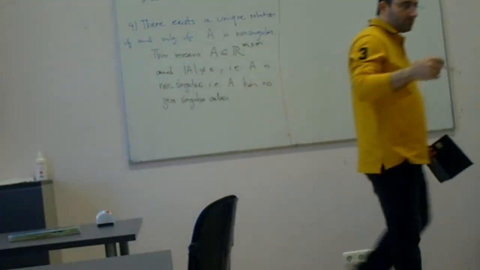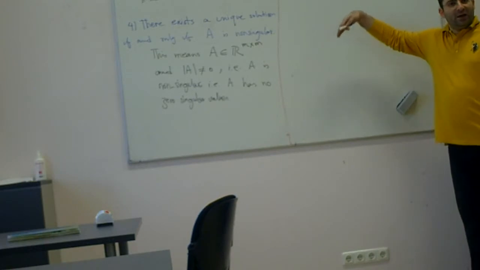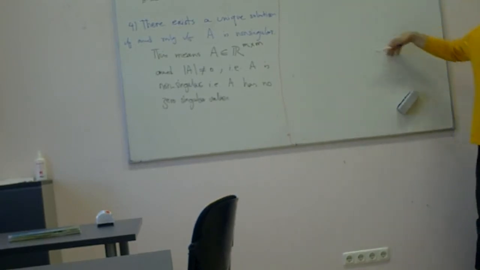Remember, we can sometimes have a solution, but it's not a unique solution. Today, we will learn that in general, we have a unique solution plus lots of arbitrary terms. But here it says that either you have no solution, or if you have a solution, it's a unique solution.